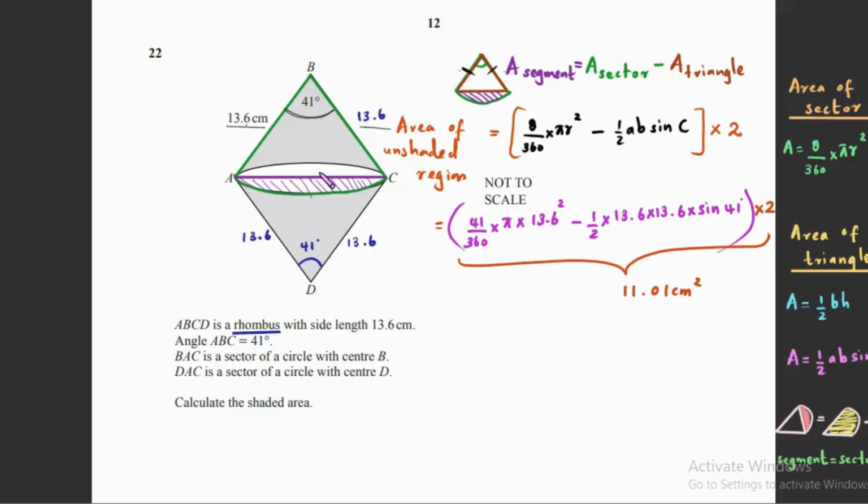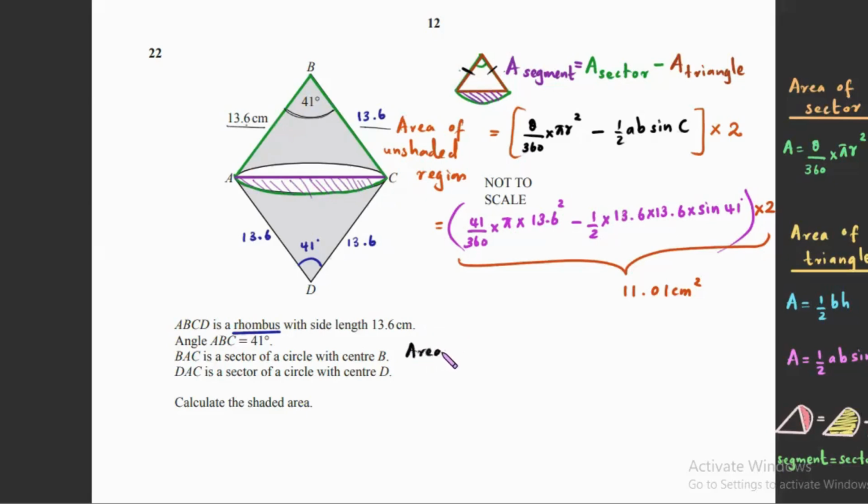Now what I'm going to do is I need to find the area of the shaded region. In this case, I cannot make use of the area of the rhombus formula because I need to know both the diagonals, but I cannot find the diagonal here. So due to that reason, I'm again going to make use of the area of the triangle and times it by 2.